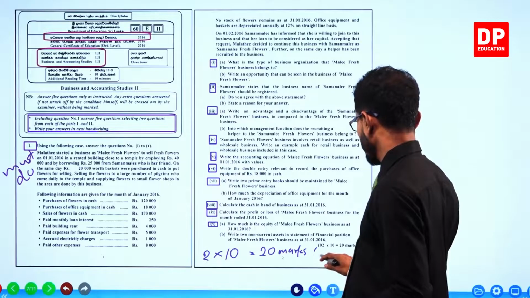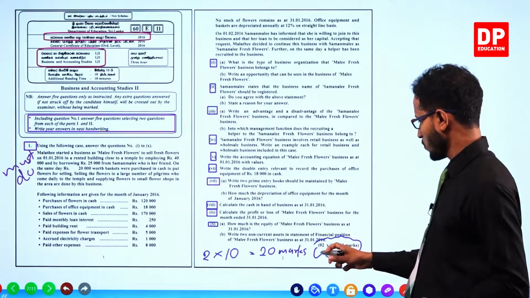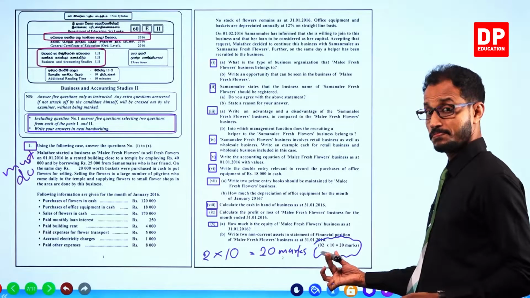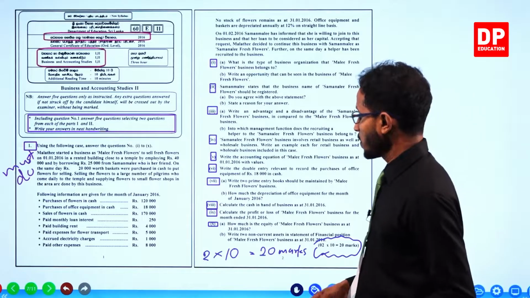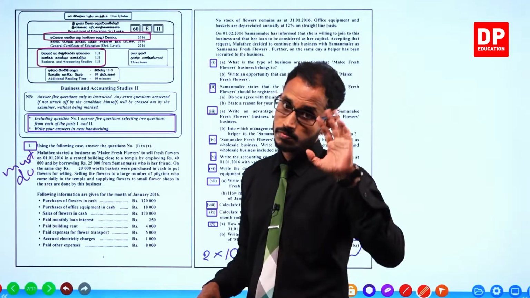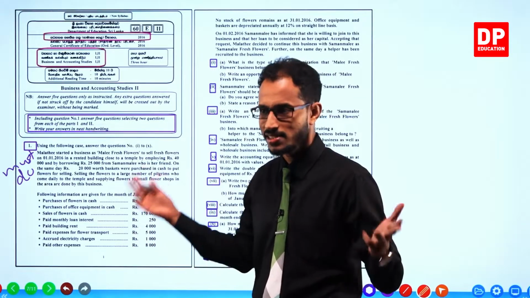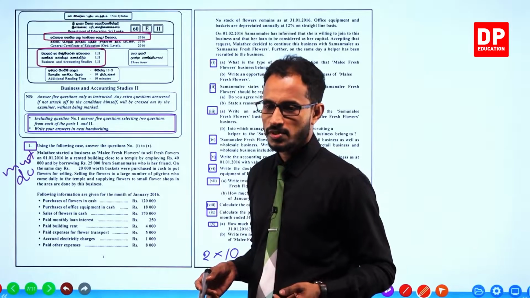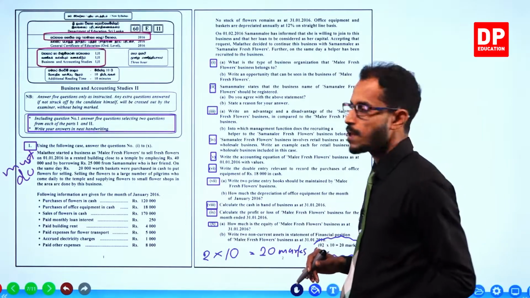So it's right here, see? 2 into 10, it's 20 marks. So it's immensely important. It's important that you have a very good idea about the first question.